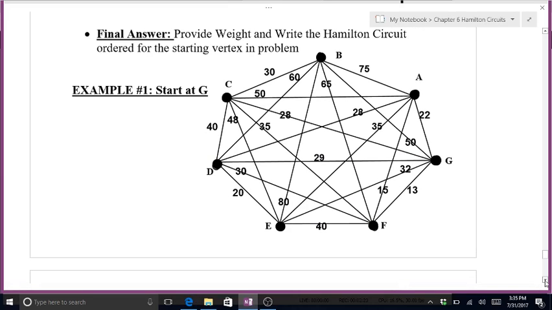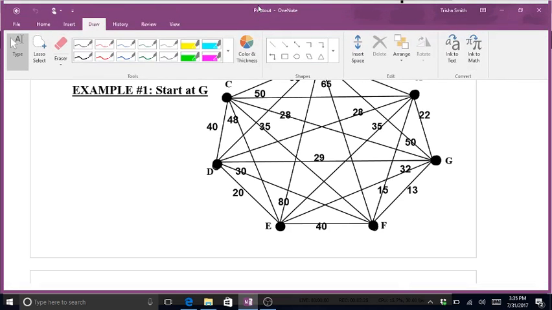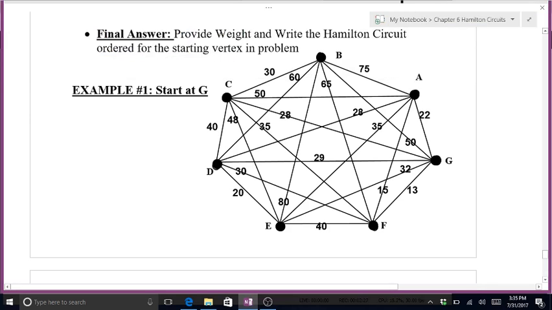Example number 1. What you want to do is look at the graph and find the smallest number possible on this graph, anywhere in the graph. So let's see. It looks like our smallest number is going to be right here, 13. Now you want to go through and find the next smallest number available.